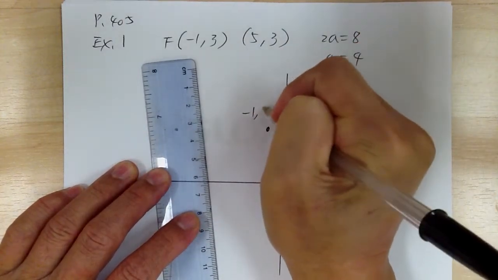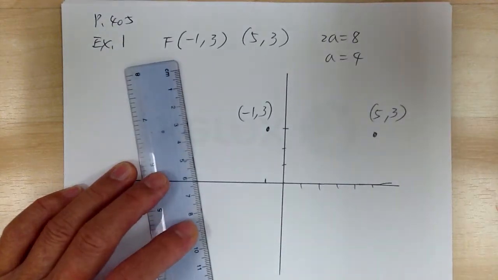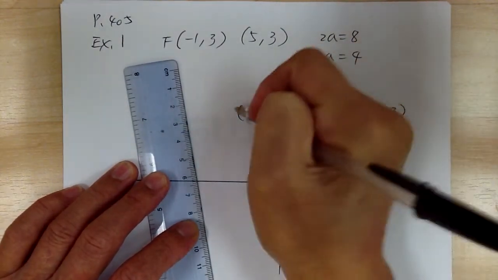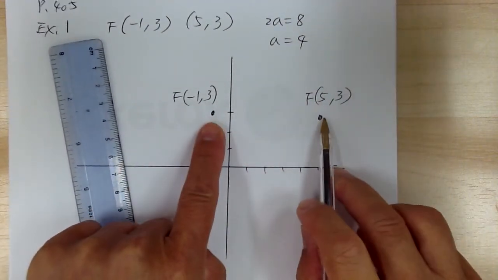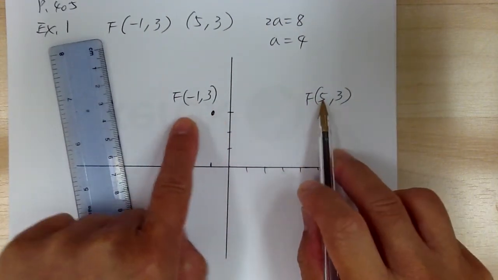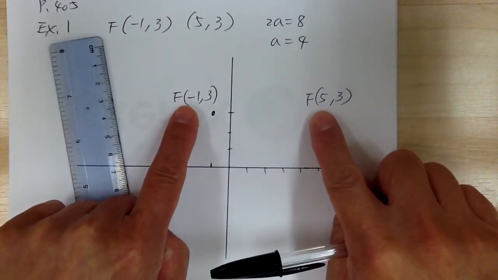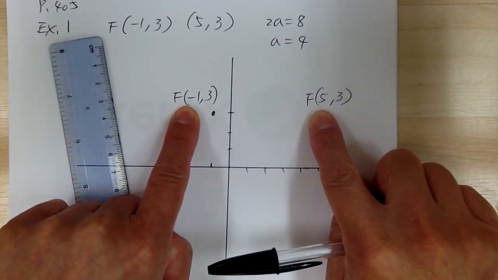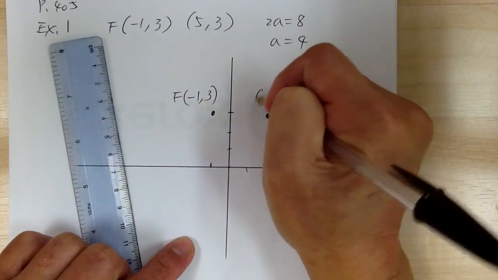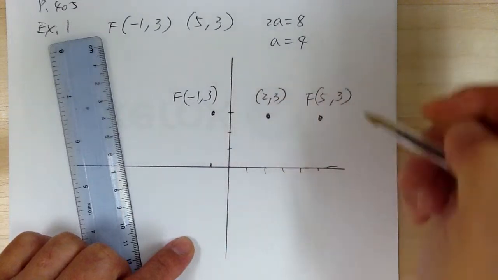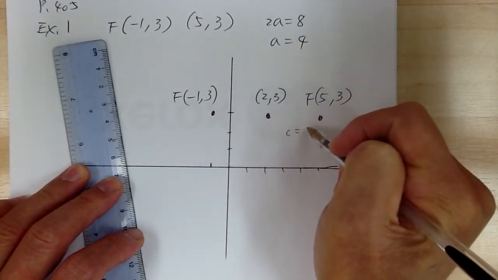So right away, the first thing you need to do is find the center. The center is always halfway between the two, so you average the two. When you average, you add and you divide. So 5 plus -1 gives you 4. Divide by 2, you get 2. So your center is going to be right over here, at (2, 3). So right away from here, your c is going to be equal to 3.